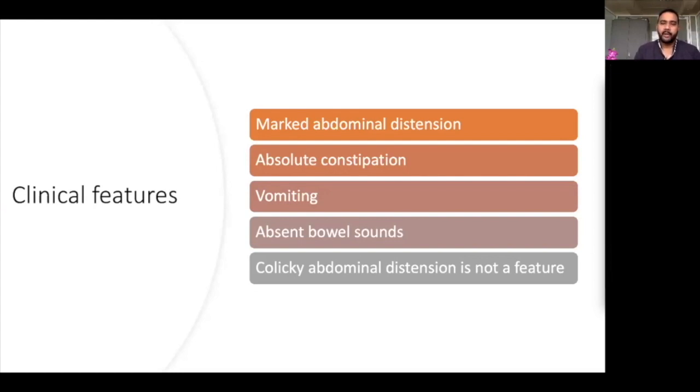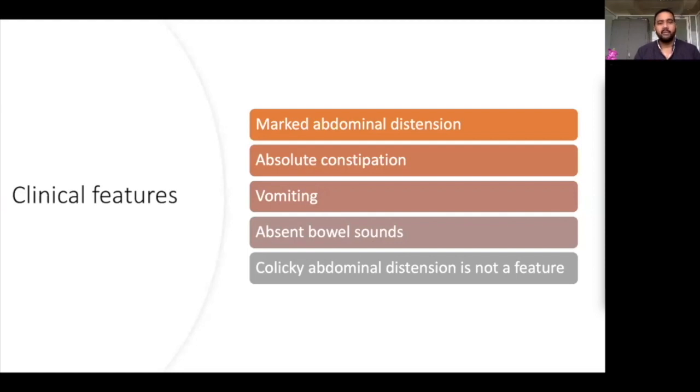Colicky abdominal pain is not a feature in paralytic ileus. In mechanical intestinal obstruction, people will have colicky abdominal pain. I have told you about this abdominal pain earlier also. When colicky abdominal pain is there, we consider it a simple intestinal obstruction.